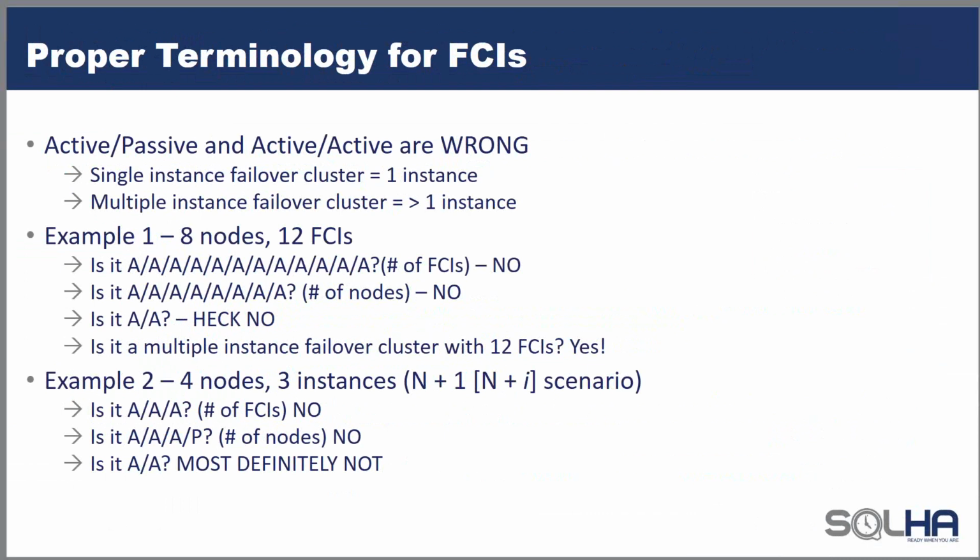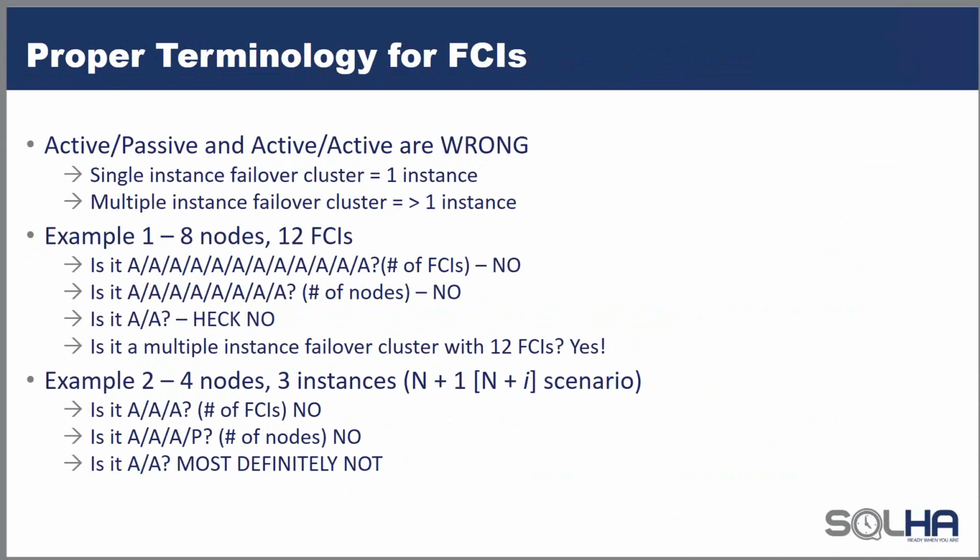If you've got 4 nodes and 3 instances, which is what we call an N+1, or an extra failover node, or really N+I, where I is some number of extra nodes, it could be more than one. It's not active, active, active because you're not running anything on the fourth node.